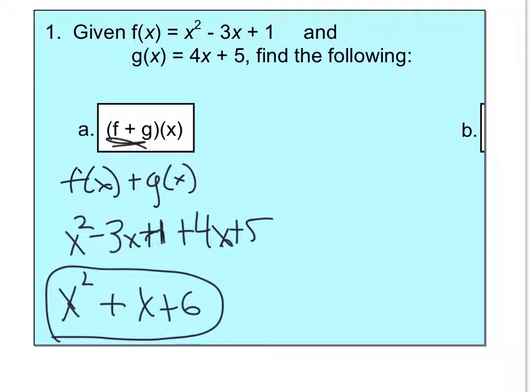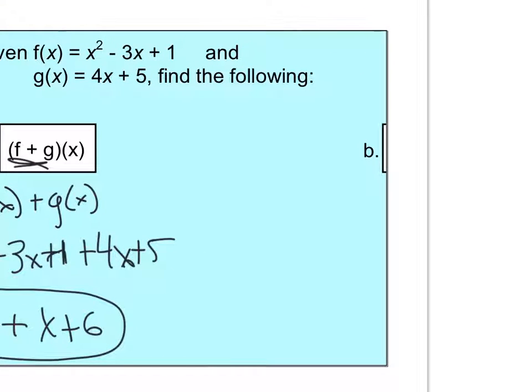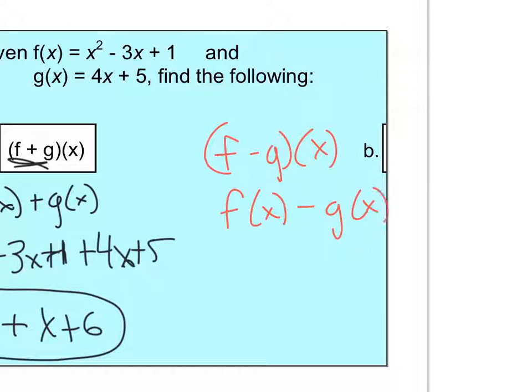This side got cut off, but this side is going to be f minus g of x. So that's what I want to do here. I want to take f of x minus g of x. So it's going to be x squared minus 3x plus 1 minus 4x plus 5. Be careful with signage here.